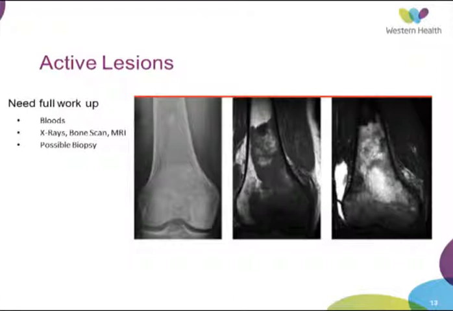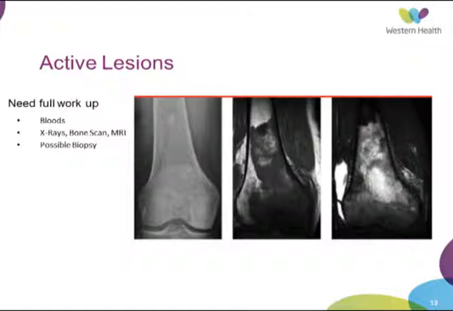Looking for CRP, ESR, that could be indicative of osteomyelitis or infection, which is also something we have to think about. Certainly anyone with an active lesion, we absolutely need to do a bone scan and look for other information. And MRI can be very, very useful at looking at the soft tissue nature and whether there's any further extension in this. And this is an example.